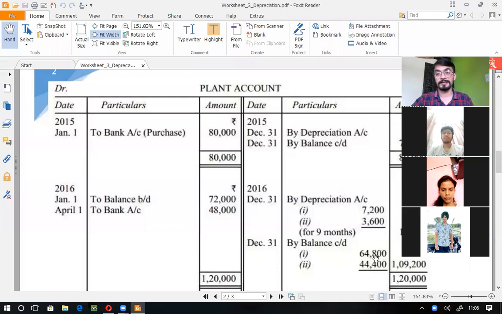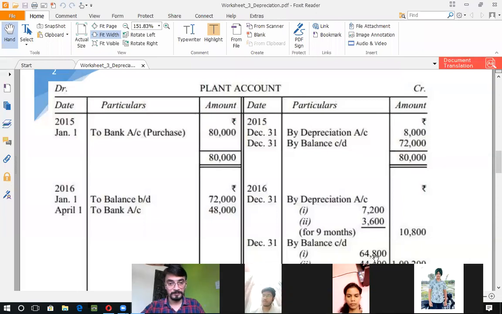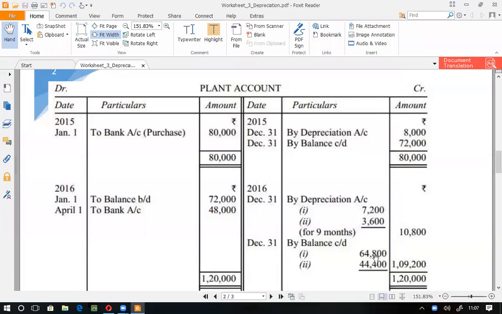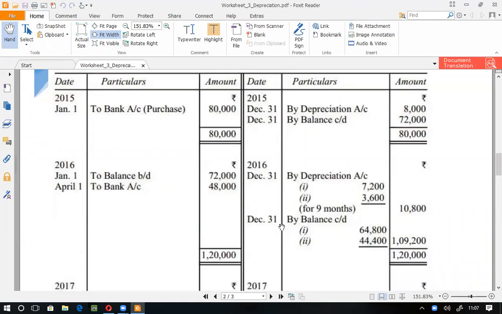जो इस साल का carried down balance है, next year में चल करके वो क्या हो जाता है हमारा balance brought down. So balance carried down, for first December 31, 2016.